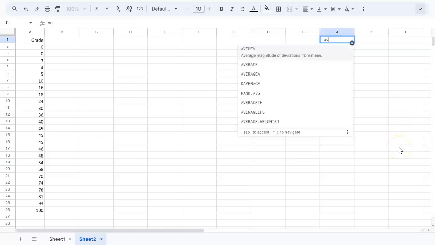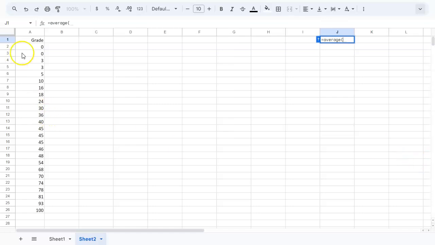So I'm going to write average, and I'm going to highlight these cells. And it looks like the average grade in the class is 39.725.